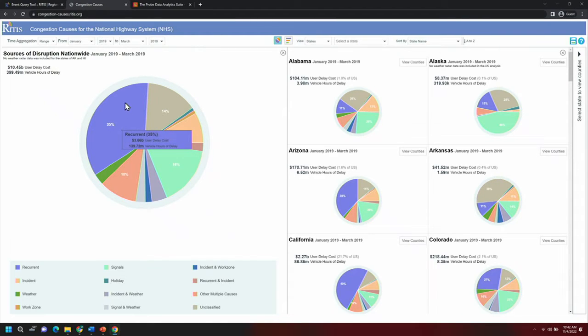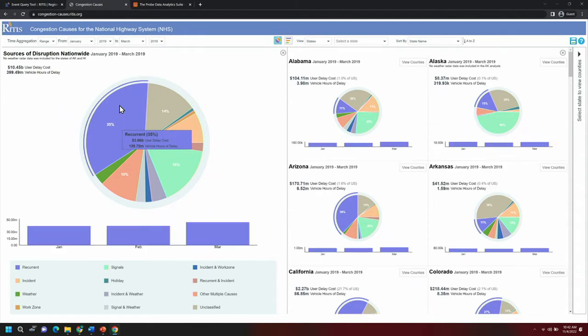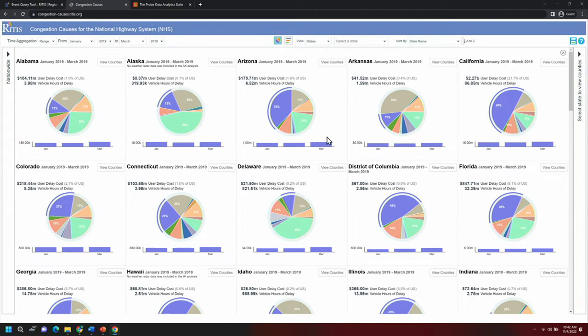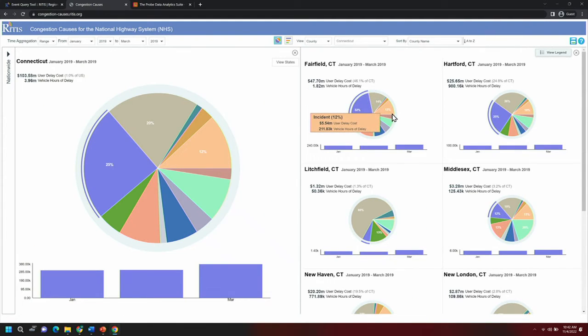What we can do then is click on any one of the slices of the pie, and it will give you bar charts for the months that you have selected. So this is showing the trend in recurrent congestion at the national level for the months of January, February, and March, and it does all the same for the states next to it. So we have the functionality: maybe you don't want to see the national level and you want to look at different states, and maybe you want to zoom into Connecticut, and you can hit their counties and it'll give you a list of the counties.